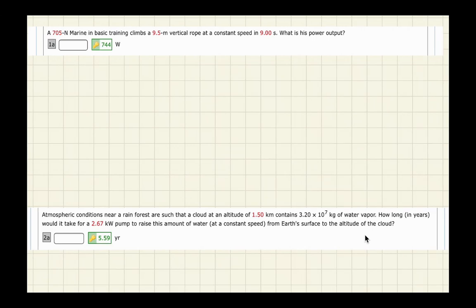Okay, so last problem set here is about power, and power is basically the rate of energy transfer over time, or power equals work over time.